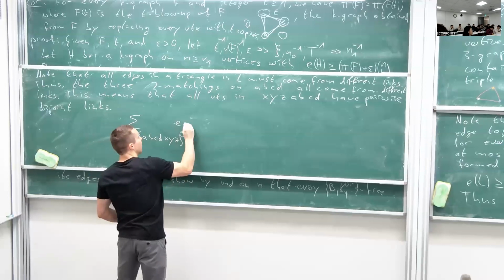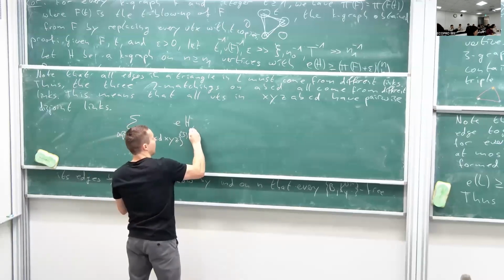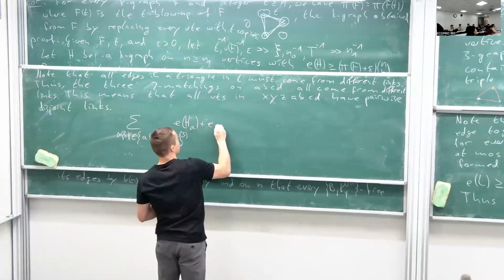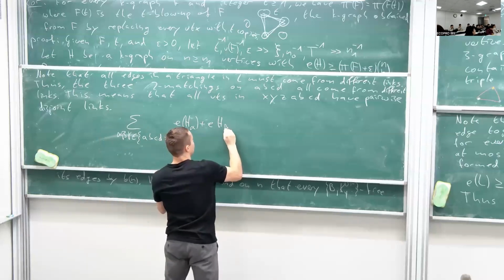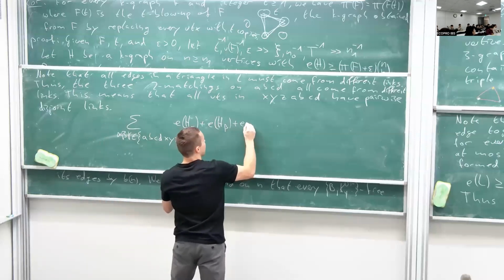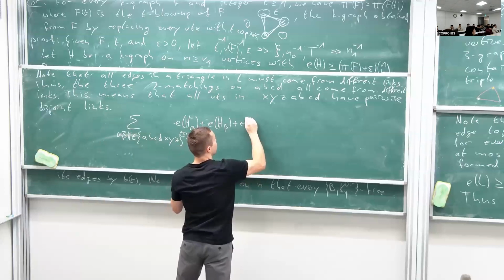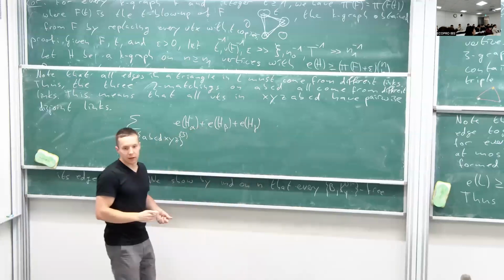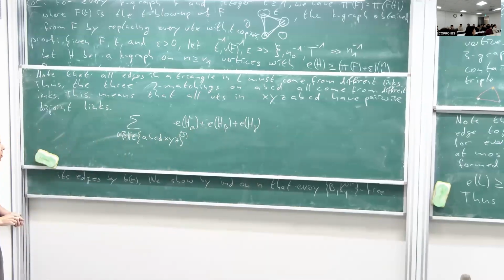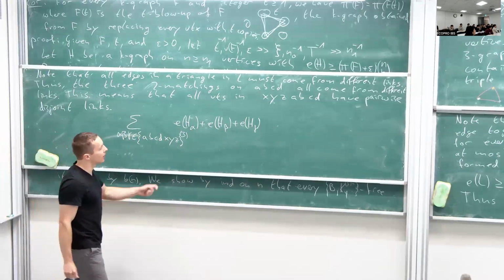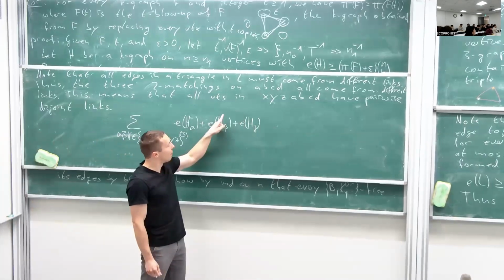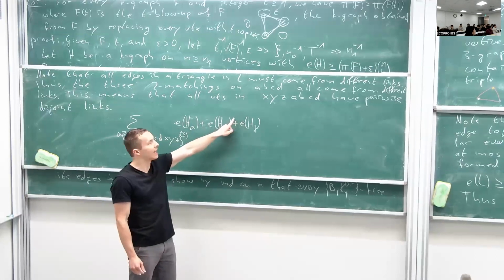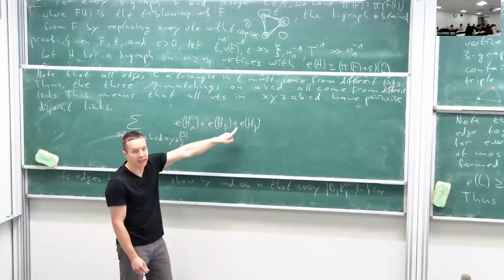And we sum the edges of H alpha, the edges of H beta, and the edges of H gamma. On the one hand, we know that this thing must be at least the number of edges incident to alpha, beta, gamma.